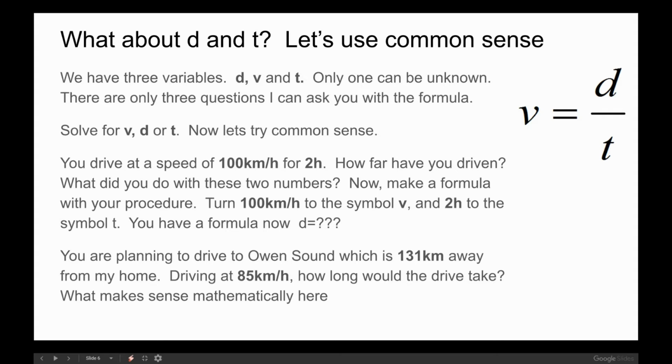You'll probably need a calculator for this one, but you could ballpark in your head roughly the time. What are you going to do with those two numbers on your calculator? How are you going to calculate the time? You're going to multiply them, add them, divide them? Which way are you going to divide them? 85 over 131, 131 over 85.